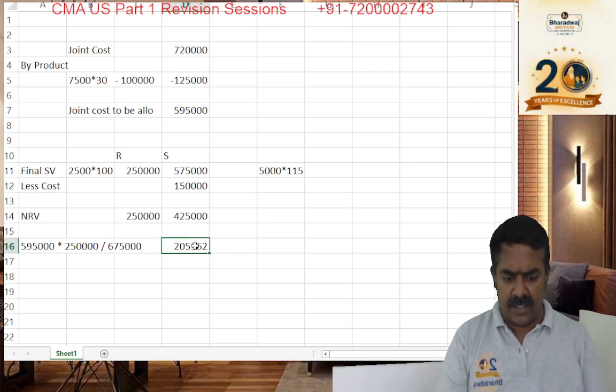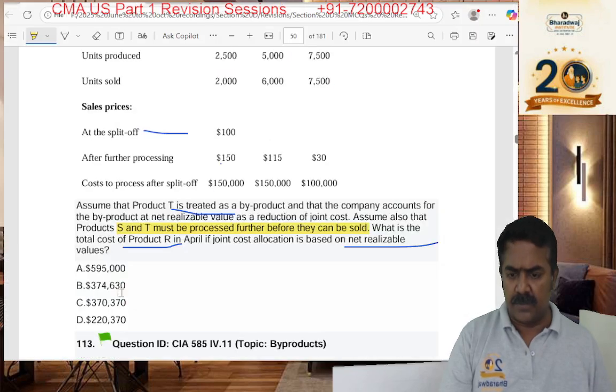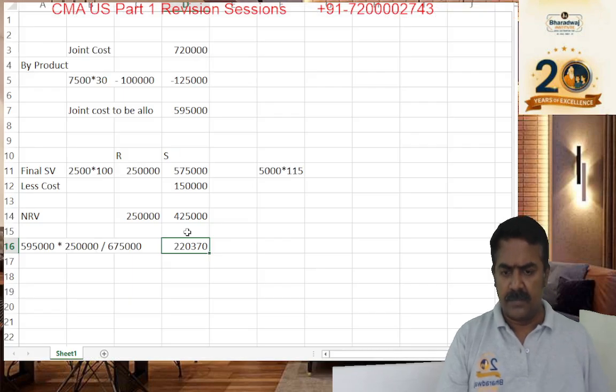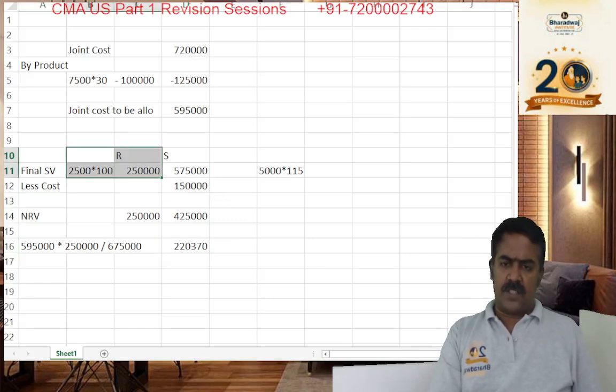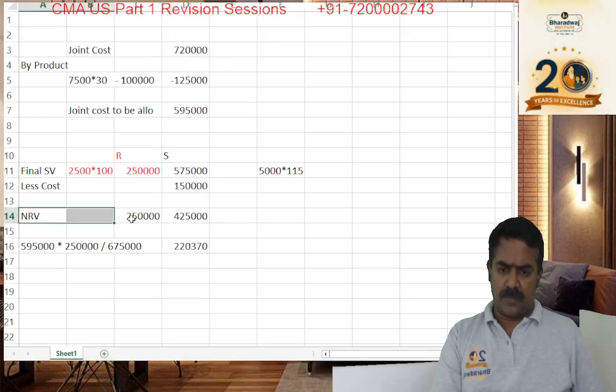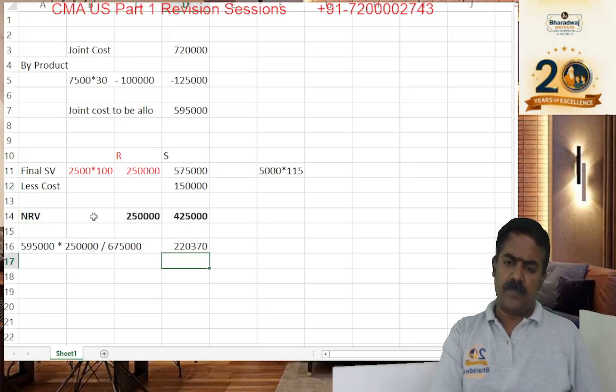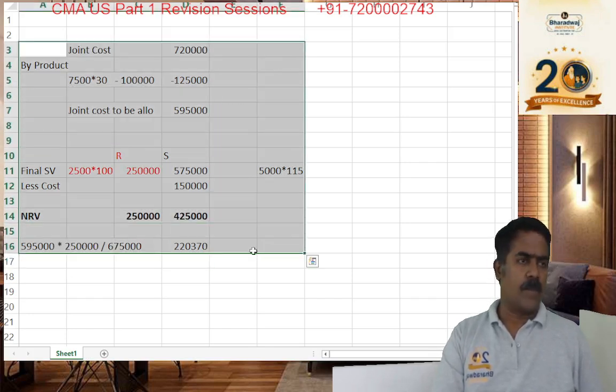Given only S and T have to be further processed, 220,370. So R is not processed, only S and T are processed. Done.